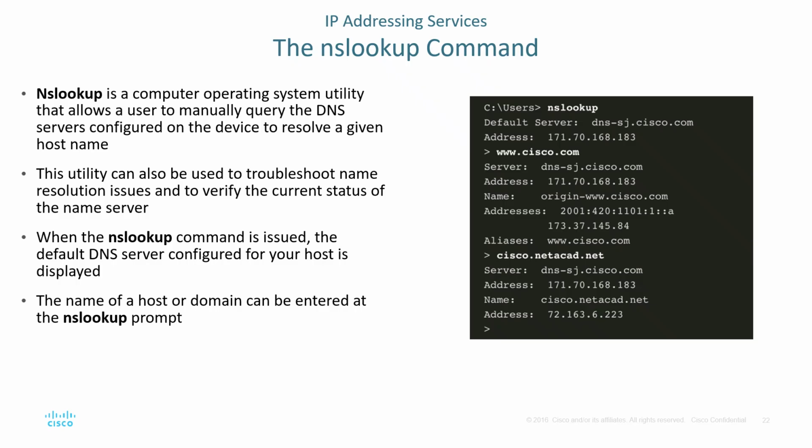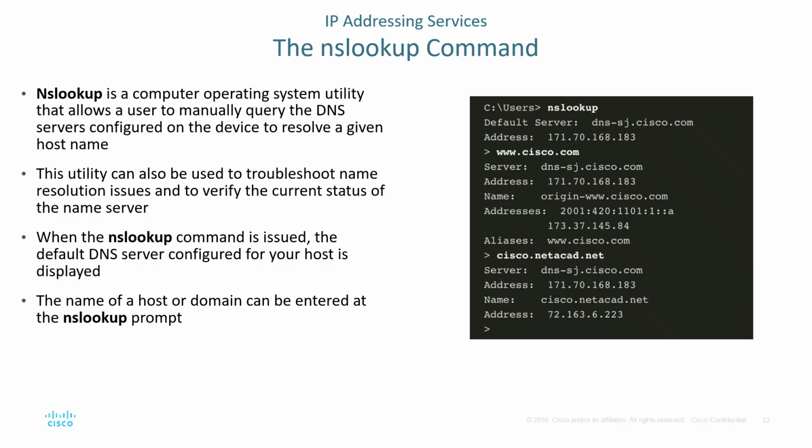This utility can also be used to troubleshoot name resolution issues and to verify the current status of the name server. So when the DNS lookup command is issued, the default DNS server configured for your host is displayed. The name of a host or domain can be entered at the nslookup prompt.